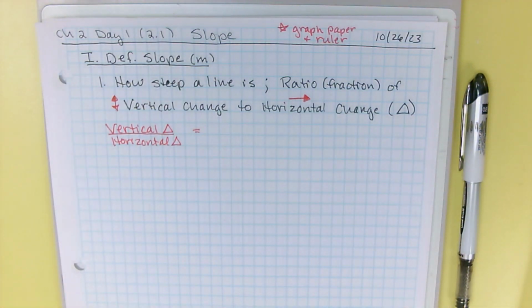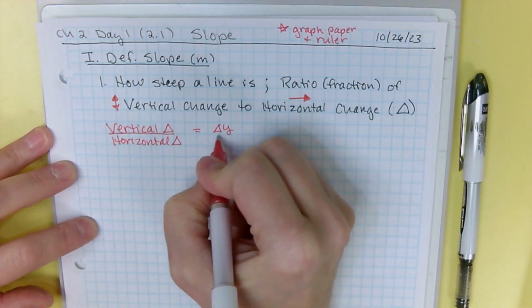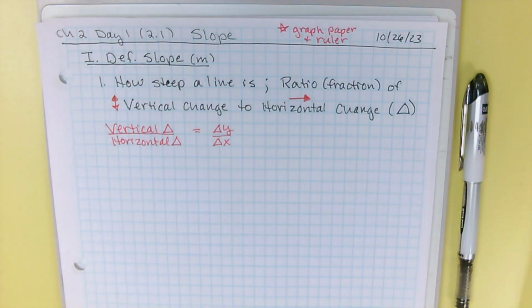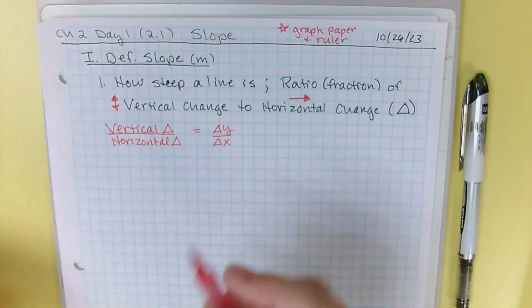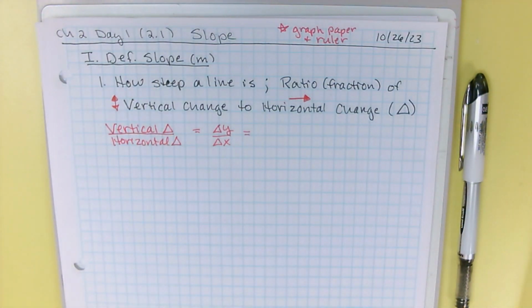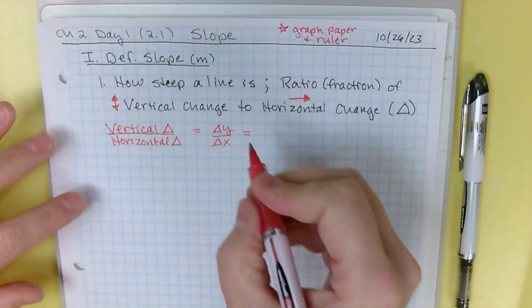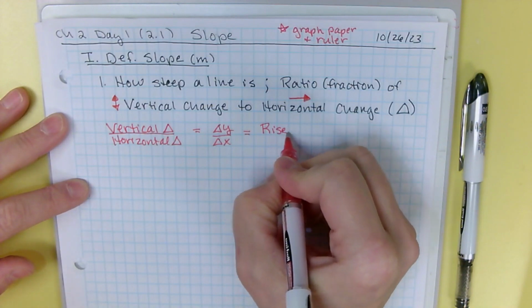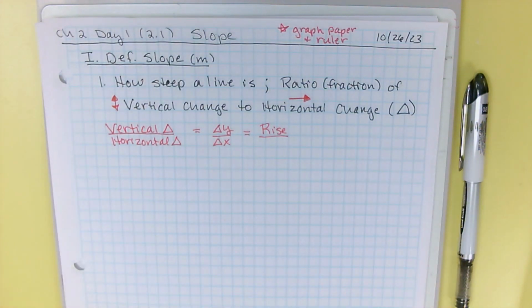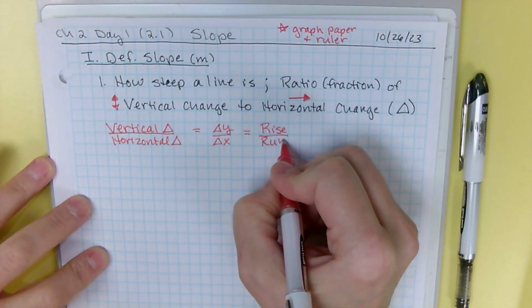Now, there's a couple ways to remember this, and this is a formula you got to memorize. Change in y over change in x. That's one way to remember it. Some of you might have been taught change in y is up-down change, which is sometimes called the rise, and x is the left-right change, which is called the run.